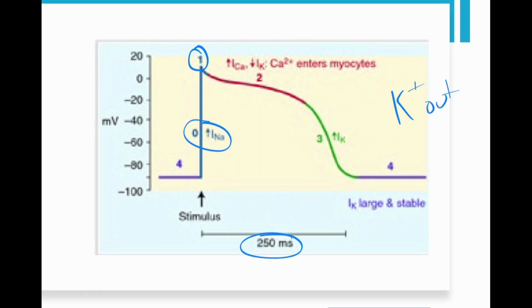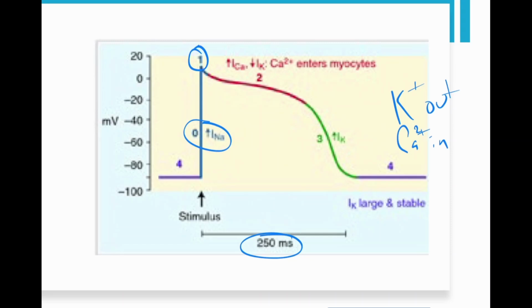But we now have the calcium-induced calcium release. We had the depolarization occur. All the calcium channels opened up at phase 1. So now calcium has that spark. Where is the calcium going? Into the cell or out of the cell? In. It is going in.